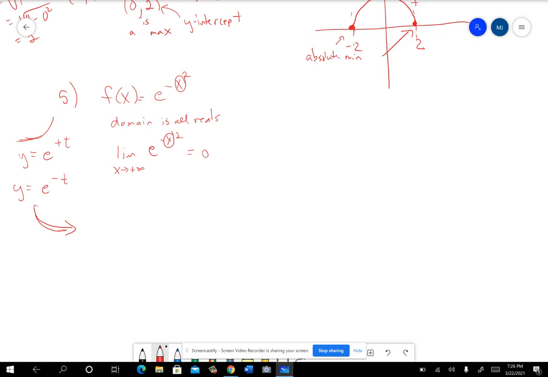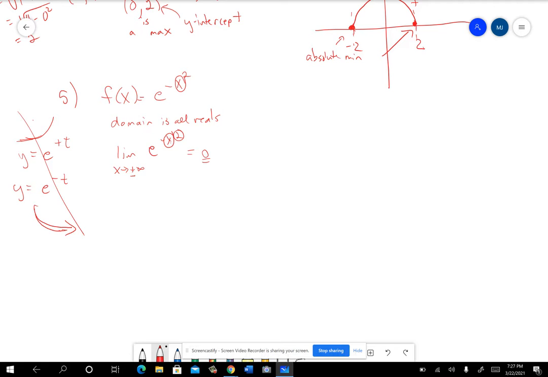Now, if you let x approach negative infinity, you're squaring it, aren't you? So that's still positive. Then you'd have the negative of that, so it's going to approach 0. Now, this isn't what your overall graph is going to look like, but I just use that to think through what the limit would be of e raised to a negative infinity.